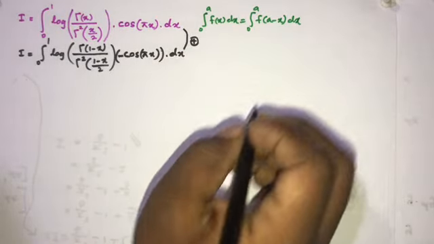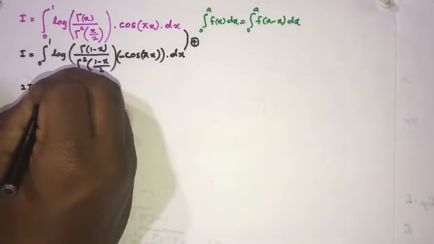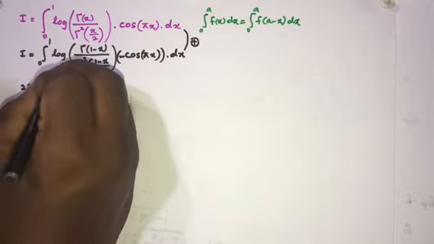So we can write now 2 times I is equal to the integral from 0 to 1.